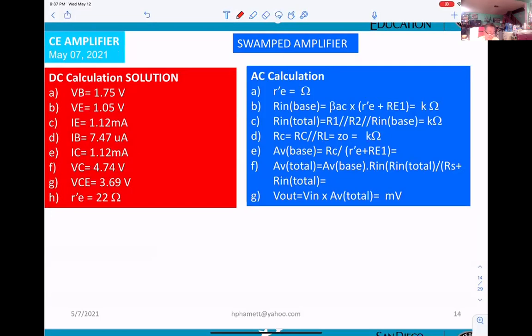I have to take Tech 2 on Monday and Tuesday. So try your best to do your AC calculation for the swamped amplifier.